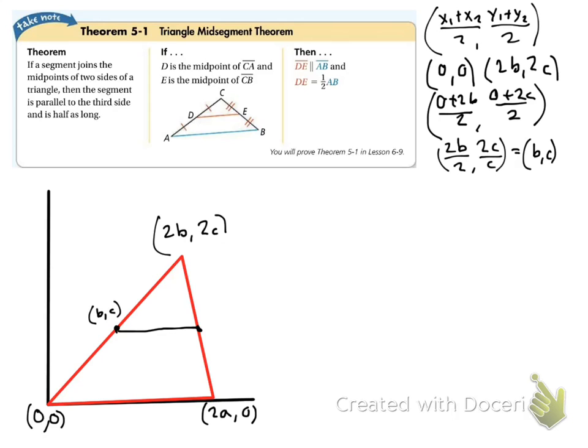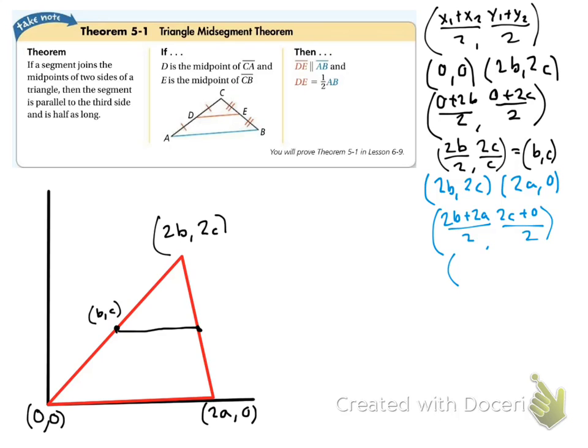And then I'll use the midpoint formula with my other 2 points. So let's change the colors, how about? So now we're going to use the points 2b, 2c, and 2a, 0. So we get 2b plus 2a over 2, comma, 2c plus 0 over 2.